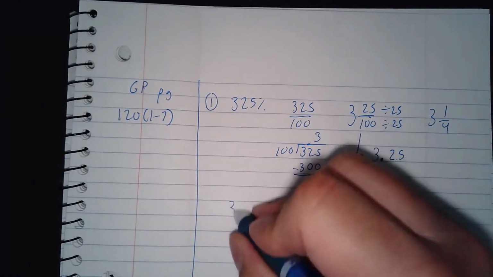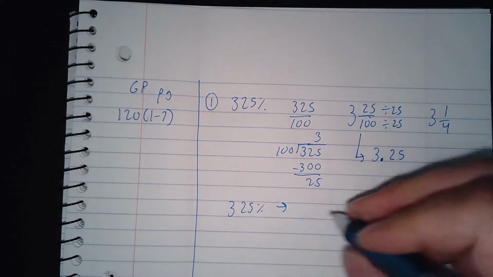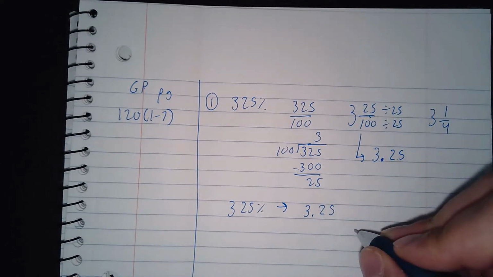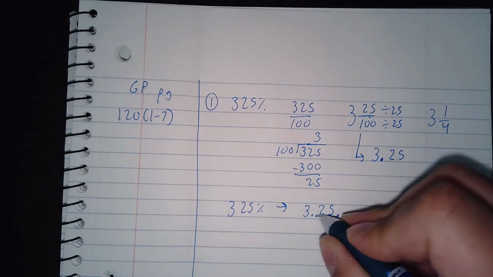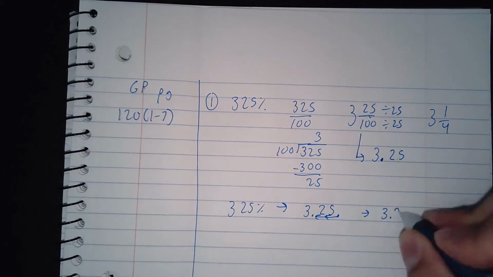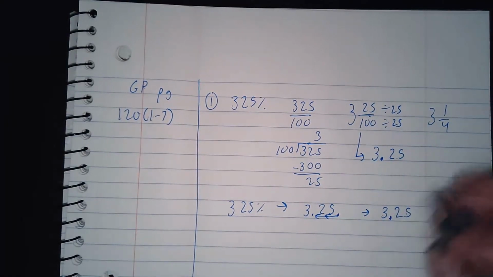Other way to do this, 325%. Remove the percent, add a decimal point, and move 2 spots to the left. Kind of jumped the gun there, but that's okay. And you have 3.25. Change this to a fraction.